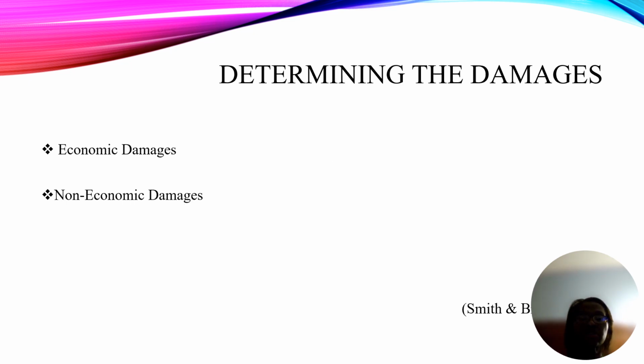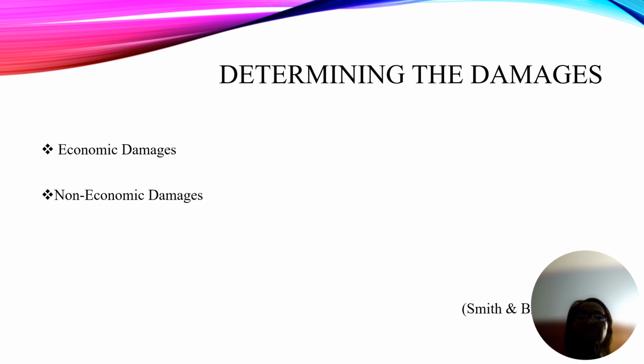Determining the damages. Economic damages and non-economic damages. In this case, the court must determine damages based on two categories: economic damages and non-economic damages. The objective is to thoroughly compensate the patient for measurable financial loss, as well as significant emotional and physical harm endured.